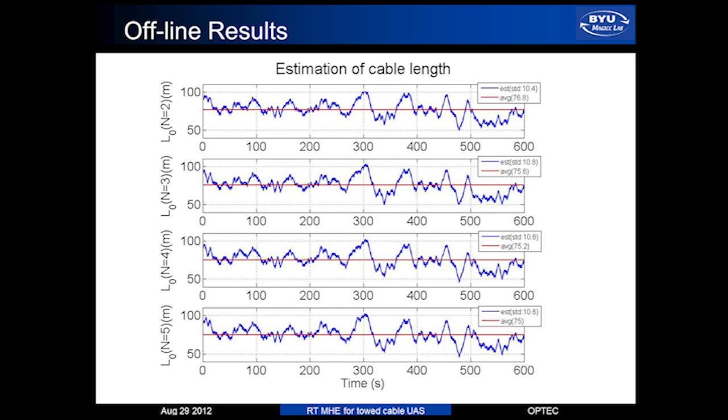From the average, we can see they give very similar results, around 75 meters, and the deviation is 10 meters. It seems that the estimation has some oscillation during the flight test.